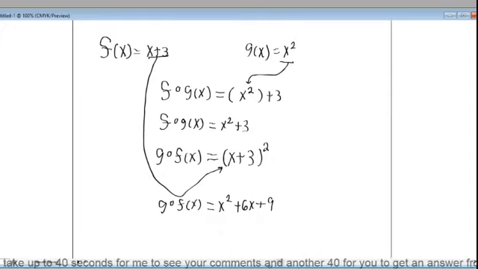So we get two completely different things here. When we did f composed of g, we just got x squared plus 3. That's it. When we did g composed of f, we got x squared plus 6x plus 9. So obviously these are going to get two completely different answers.